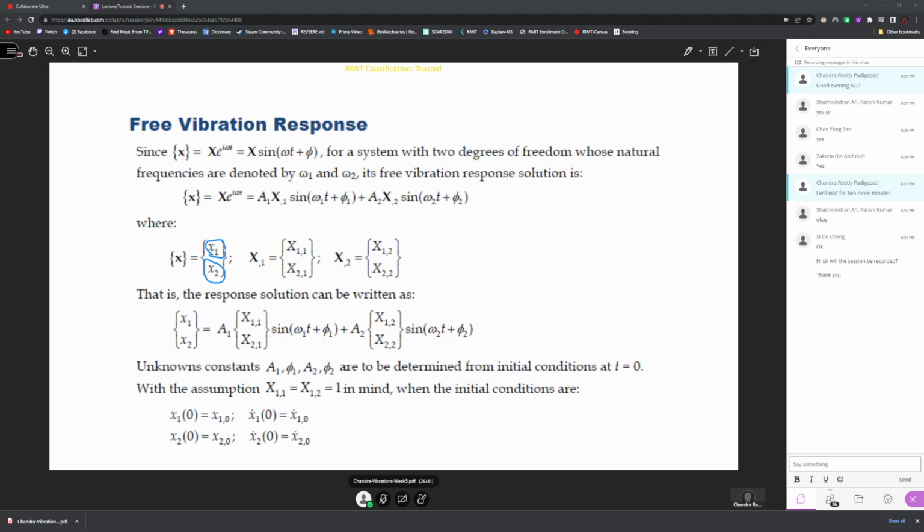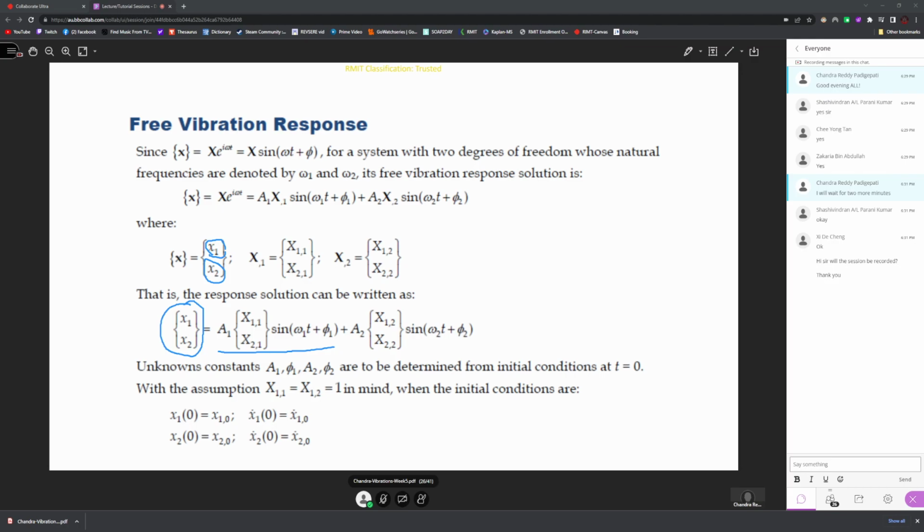Now we follow exactly like the single degree of freedom system, but because now we have 2 degrees, we write it in matrix format. We take the response of the system in this format. The first one is a constant A1 multiplied by the mode shape x11 and x21, which we will already know, multiplied by sine of omega 1 t plus phi 1.